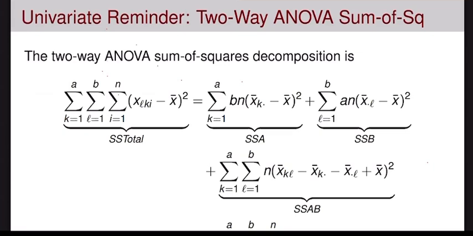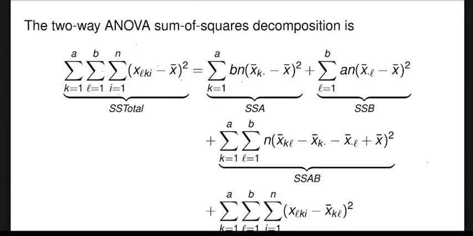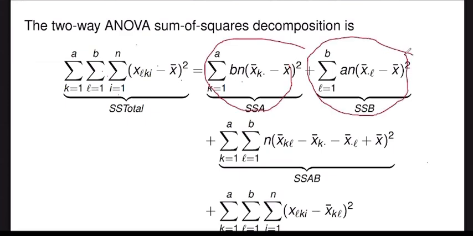If I want to, I can also decompose the sum of squares, the total variation in two-way ANOVA. I'm going to decompose it into the variation that can be explained by factor A, the variation that can be explained by factor B, the variation that can be explained by their interaction, and finally, the unexplained.